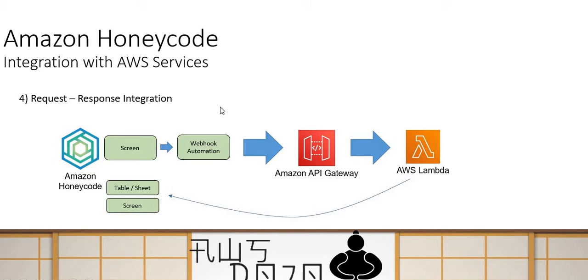So it is not a true request and response where you have a call going and then coming back, but you can say it is more of a request and callback mechanism to get request response type of behavior. So that's also a type of integration you can do.